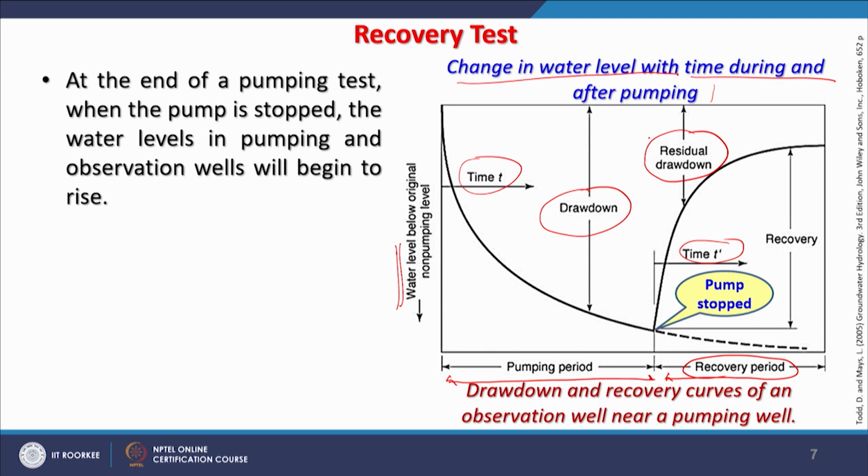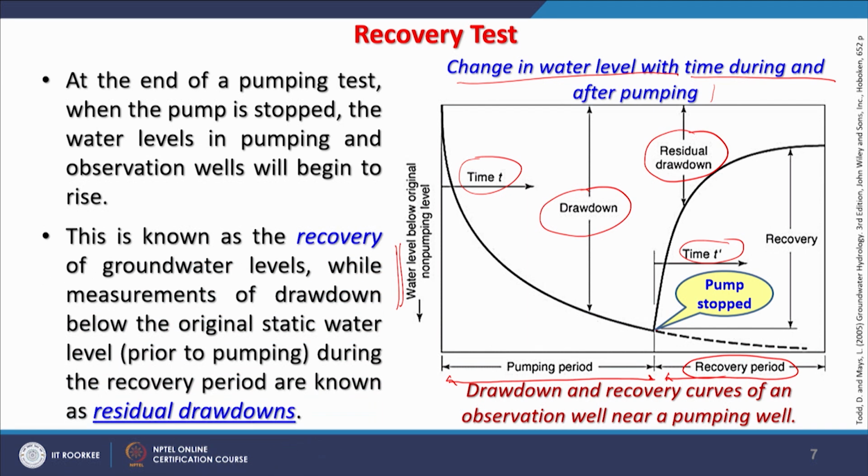That means the recovery will start, and this will be just the opposite of the drawdown during the pumping period. This way we can also get a lot of information about the hydraulic characteristics of the aquifer. The recovery of groundwater levels, measured as drawdown below the original static level, that is the level prior to pumping, during the recovery period are known as residual drawdowns.